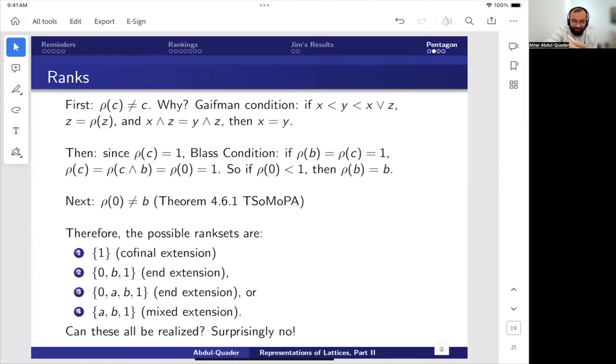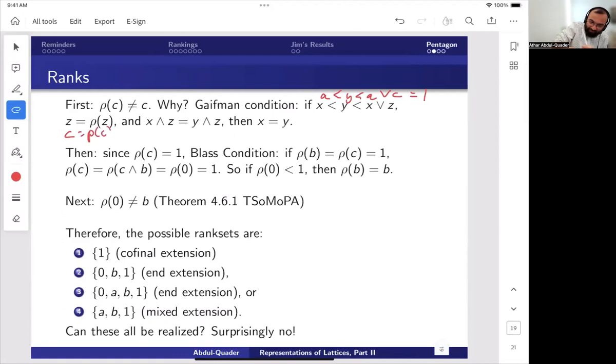If you plug in A, B, and C here, right, A join C is 1. If C is equal to rho of C, and A meet C is 0, and B meet C is 0, then this would say that x has to be equal to y.